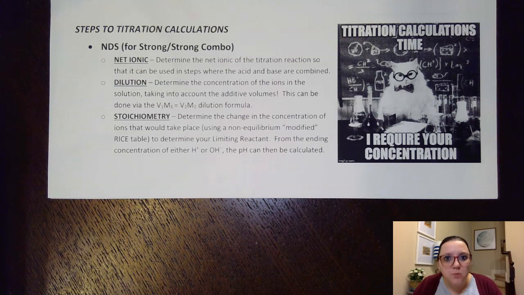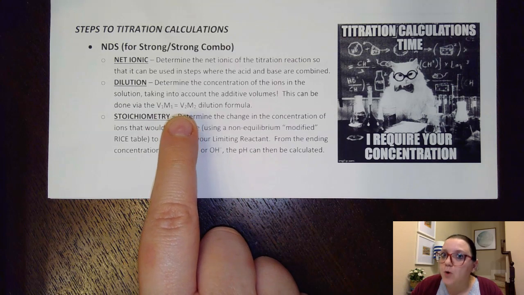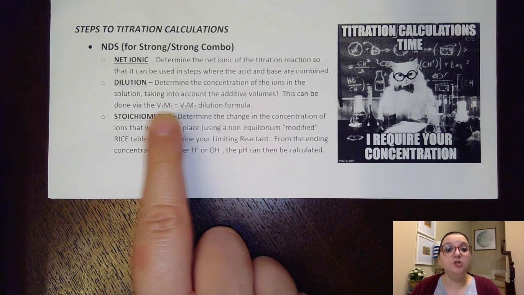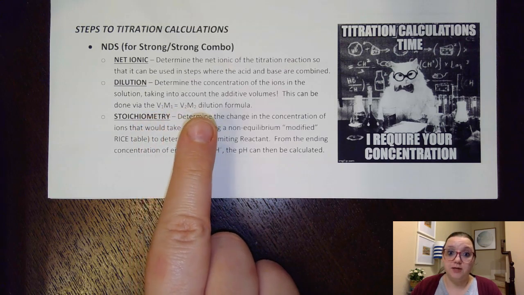And unfortunately, when the volume of the overall solution becomes greater, the molarity of both the acid and the base decrease. They get diluted. And so I have to figure out, once I've combined them together, what is the new molarity for both the acid and the base. And so we're going to have to do a Voom calculation for both the acid and the base. So we're going to have to do two of these V1M1 equals V2M2 calculations.